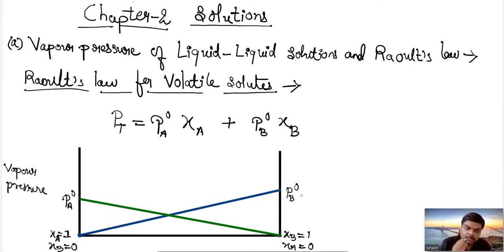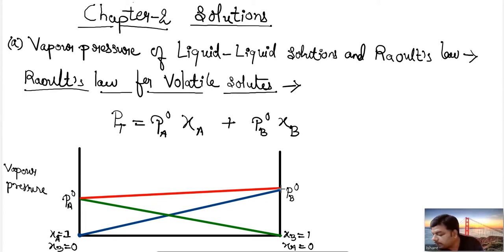The total vapor pressure will be denoted by a line which I am taking as a red line, and it will come like this. This red line shows the total vapor pressure PT of the solution which we have found out.